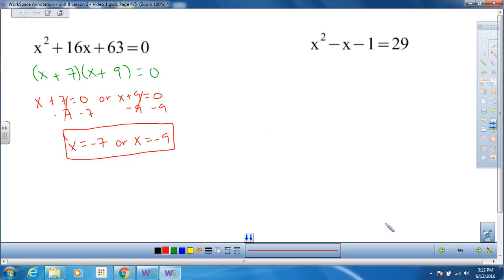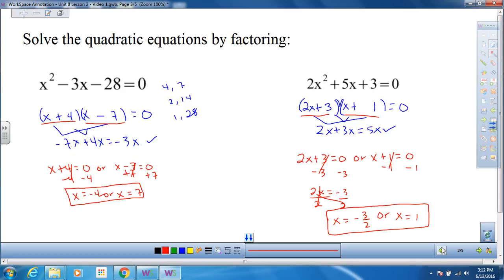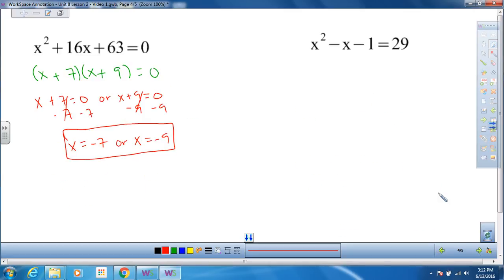If you've noticed, all of these that we've done so far are equal to 0. If they're not equal to 0, like this example, the first thing I want to do is get it equal to 0. So I need to subtract 29 from both sides. -1 minus 29 is -30. Now I can factor and solve. It has to be equal to 0 in order to factor.